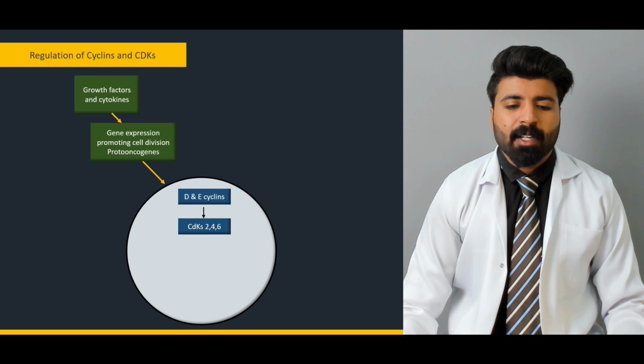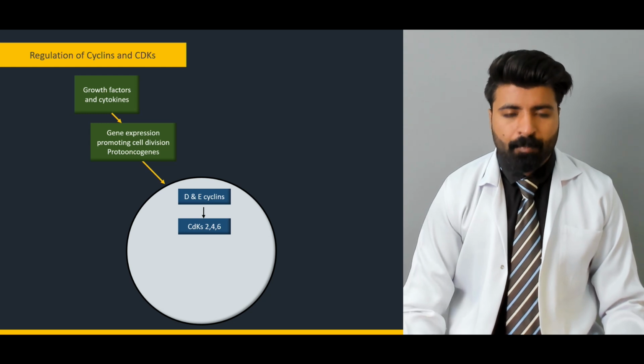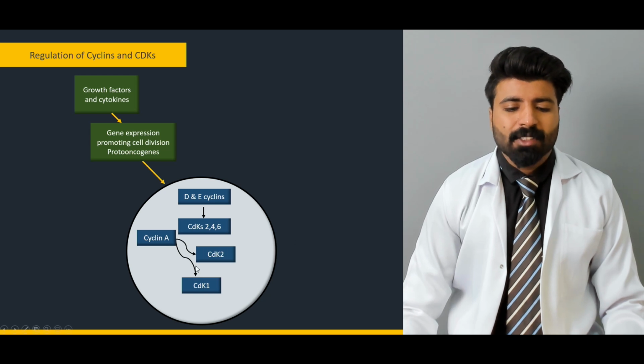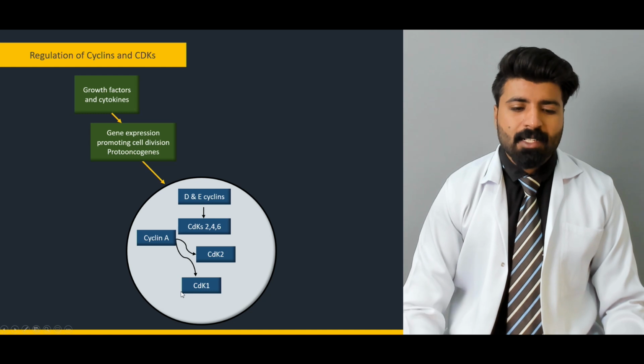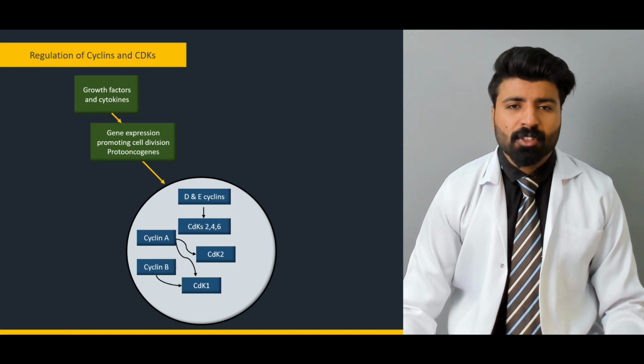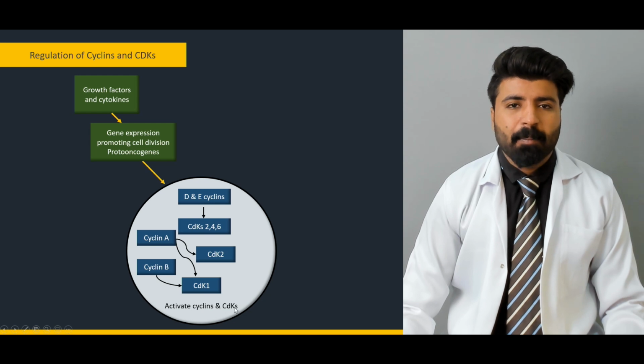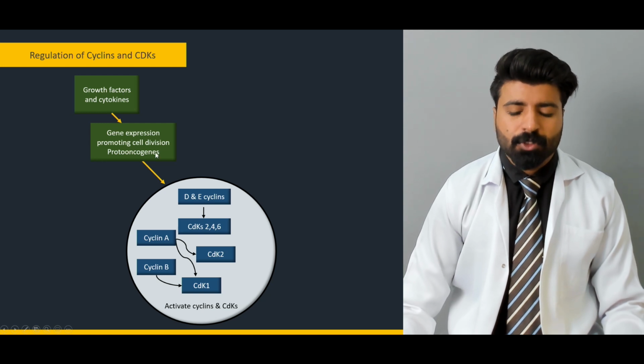So cyclin-dependent kinases 2, 4, and 6 are very important. On the other hand, cyclin A is going to lead to cyclin-dependent kinase 2 and cyclin-dependent kinase 1. And cyclin B will also lead to cyclin-dependent kinases. So this is how cyclins and cyclin-dependent kinases are activated due to growth factors, cytokines, and then proto-oncogenes.